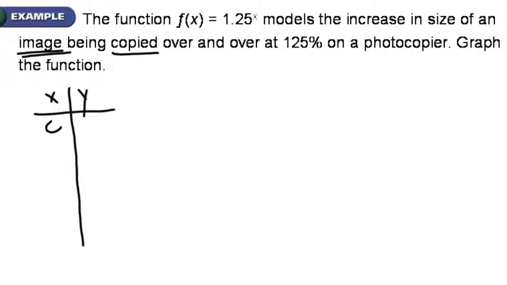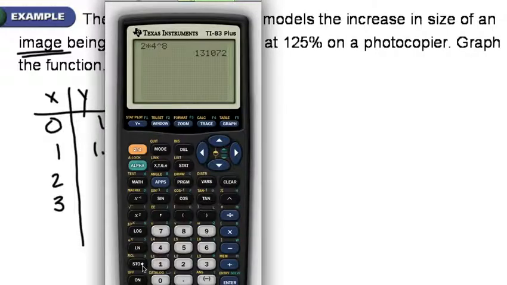Let's go ahead and start with 0 because you could have 0. Let's do 1, 2, and 3. So now 1.25 raised to the 0 is just 1. 1.25 raised to the 1 is 1.25. 1.25 raised to the second power, or squared, is going to give us 1.25. Well, heavens, what did I do? It already timed out.